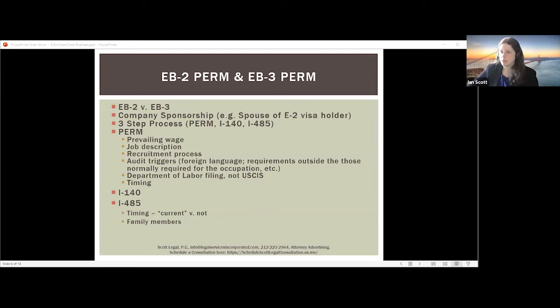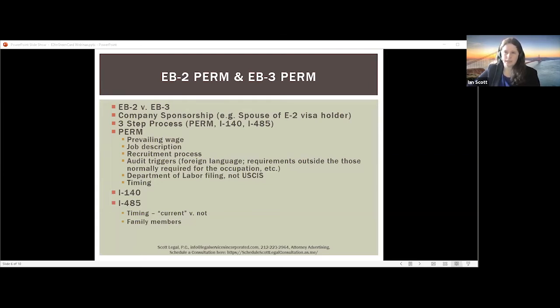There's a 3-step process for applying for a green card through the perm. The first part of that is the perm process itself, and this is also I'd say the longest part of the process. As a first step, the company and the attorney need to look at the job description and ensure it's perm compliant, or perhaps make some updates for it to be perm compliant.